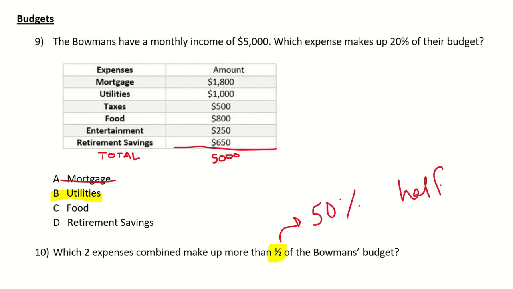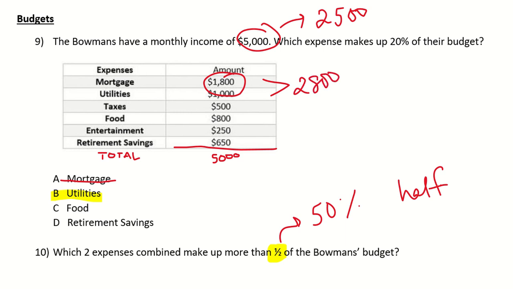Which two categories, if you combine them, make up more than half of the Bowmans' budget? Half of 5,000 is 2,500. We only need to combine two. So it's going to be these two big ones, because those combined is 2,800, and that's more than 2,500.